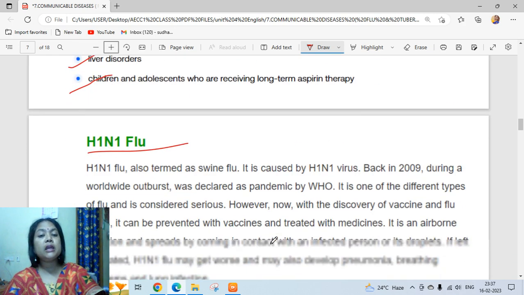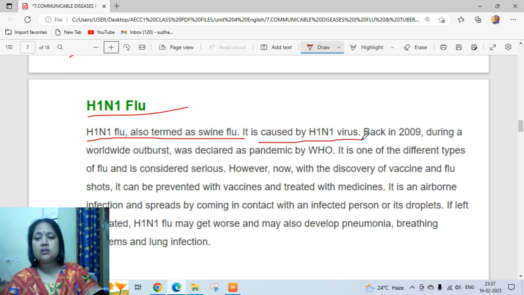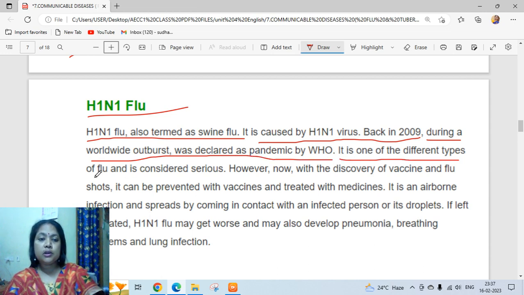So there are different types of flu, like H1N1 flu. H1N1 flu is also termed swine flu. It is caused by the H1N1 virus, back in 2009, if you can remember the year 2009. The worldwide outbreak was declared a pandemic by WHO, and it is one of the different types of flu and is considered serious.